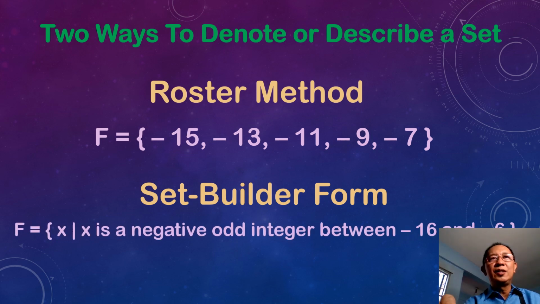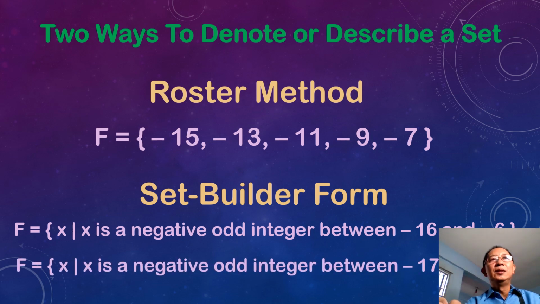Set F is a set of x such that x is a negative odd integer between negative 16 and negative 6. Another one is set F is a set of x such that x is a negative odd integer between negative 17 and negative 5.